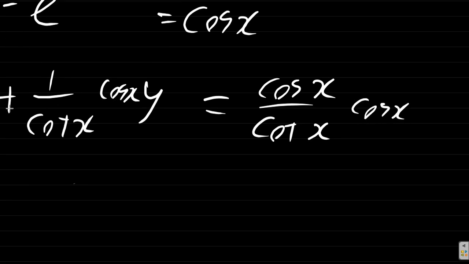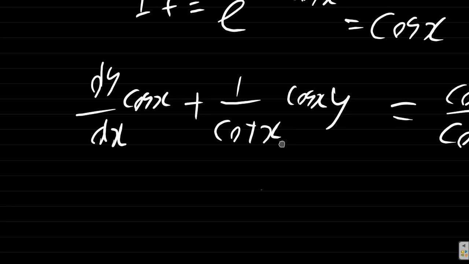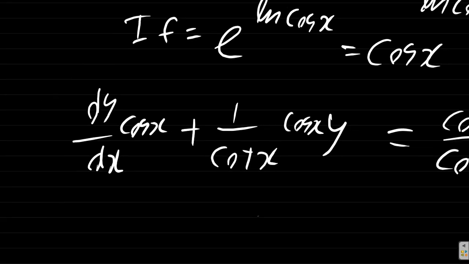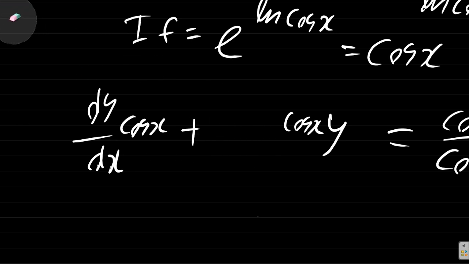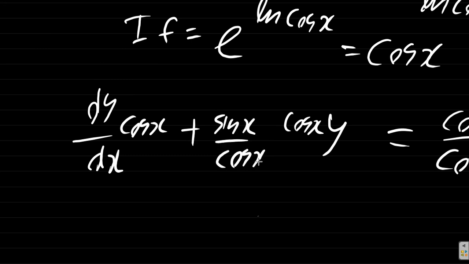Now we have a cot here, but remember, cot is 1 over tan. So this turned out to be tan x, but tan is sine over cos. So this was sine x over cos x.